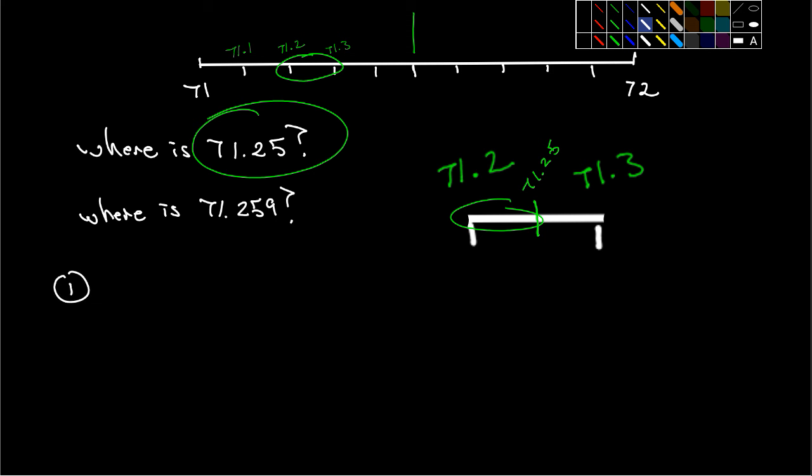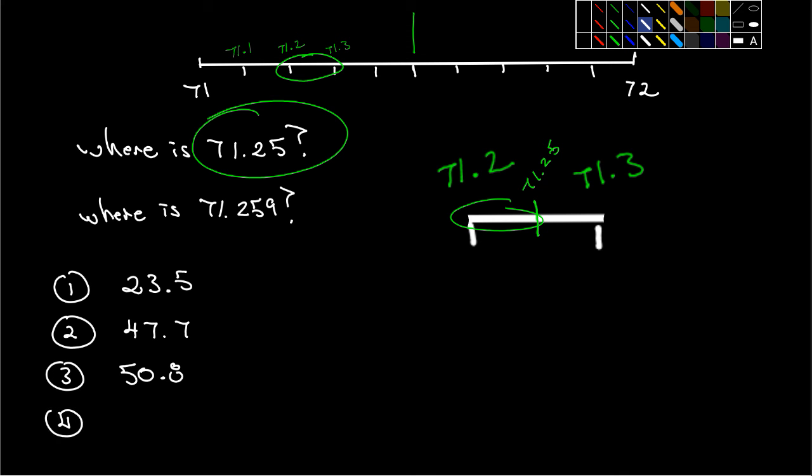So number 1, 23.5. Number 2, 47.7. Number 3, 50.8. Number 4, 63.1.